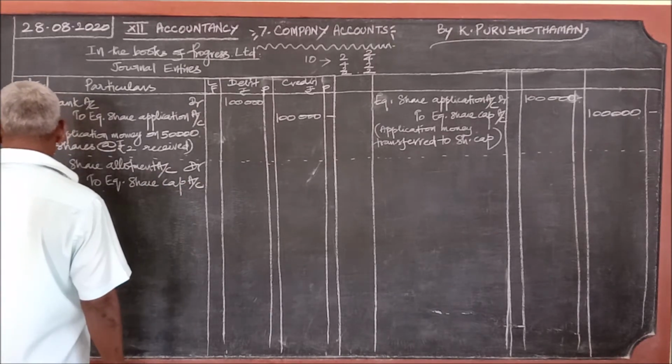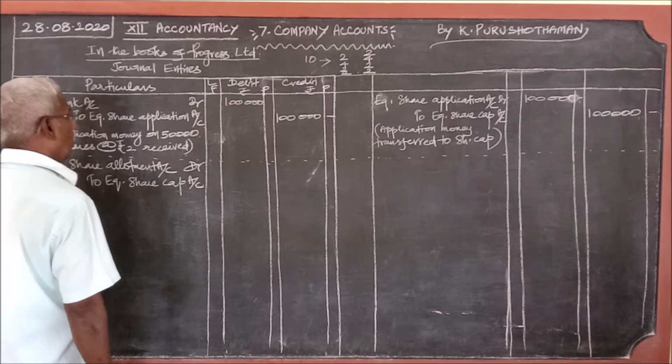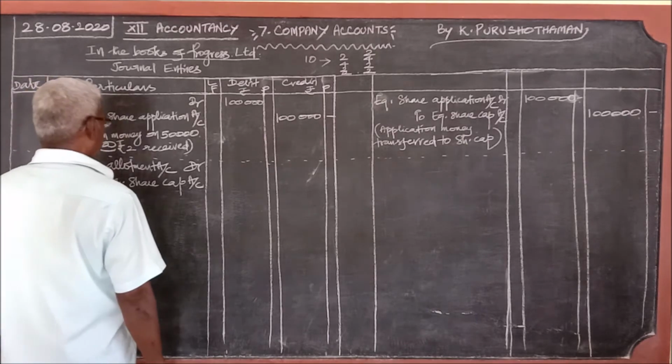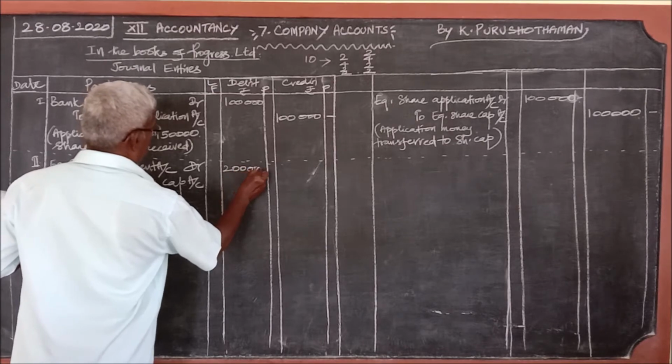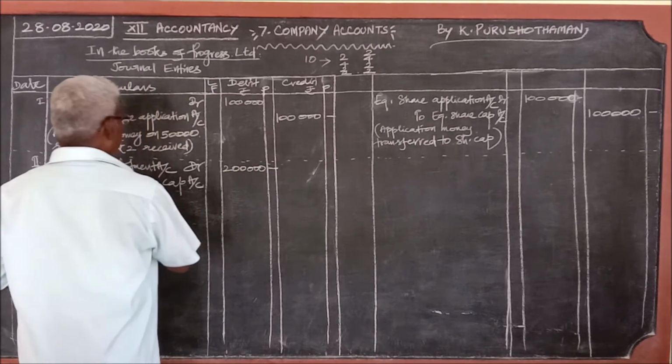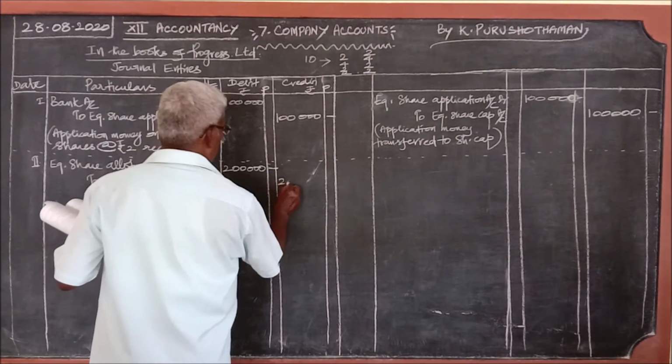The amount for allotment stage is 4. 4 into 50,000, 2 lakhs.